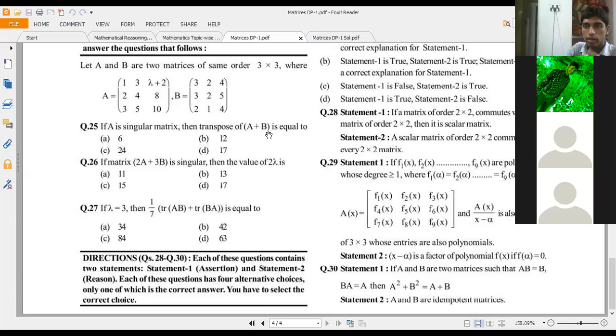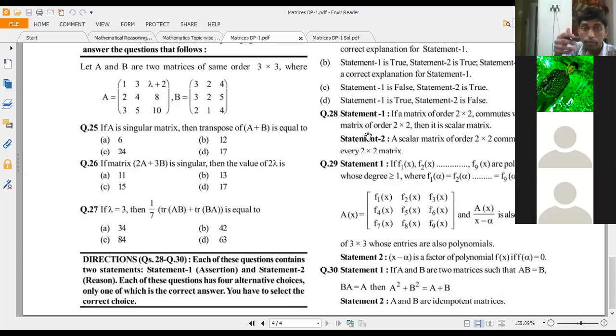No, every two scalar matrices will commute. That is the second statement. See, scalar matrix is some k times of I. So what is the problem? Scalar matrix is k times I. So whatever is true for I will be true for k times I.